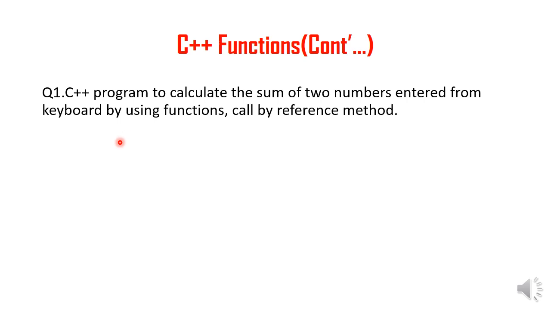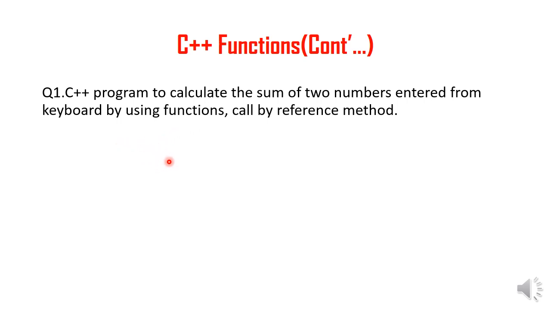So that is the reason why we are going to use this example, so that we call our function by reference, providing it any value we want. The question is: write the C++ program that calculates the sum of two numbers entered from the keyboard by using functions.